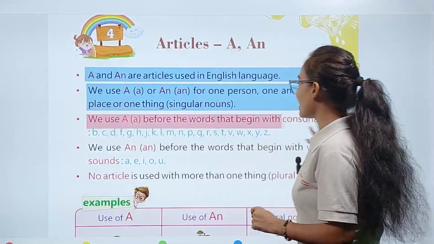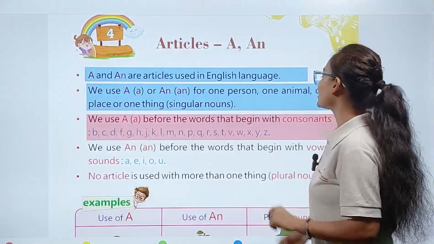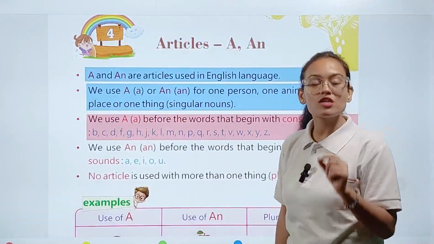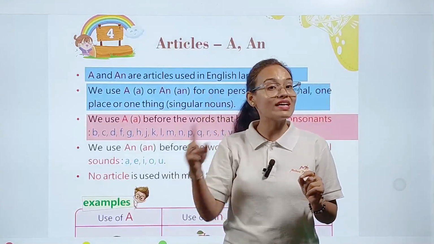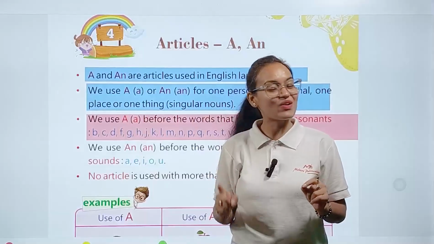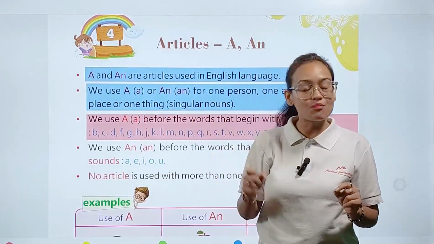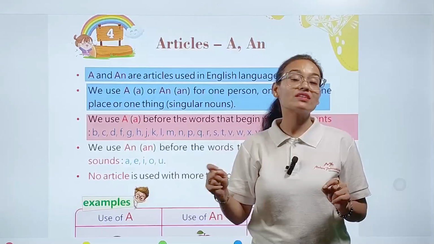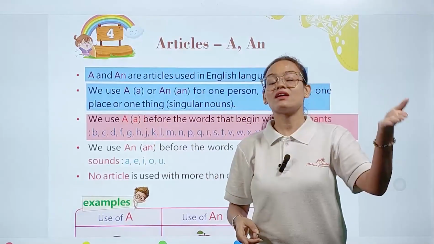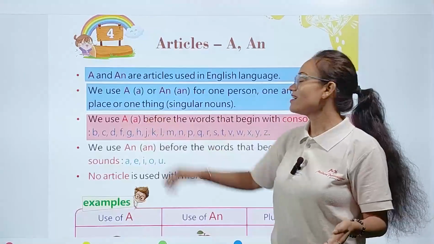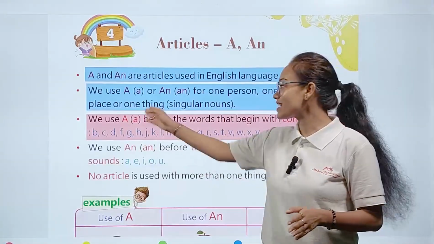We use A before the words that begin with a consonant. Consonant means what? There are 21 consonants, remember? Whenever the words begin with those 21 consonants, before those words we are going to use A.